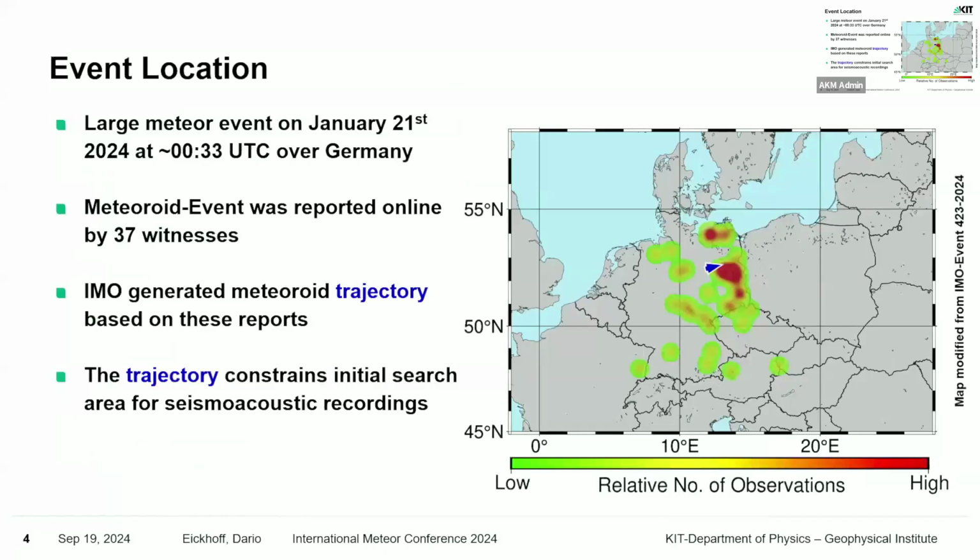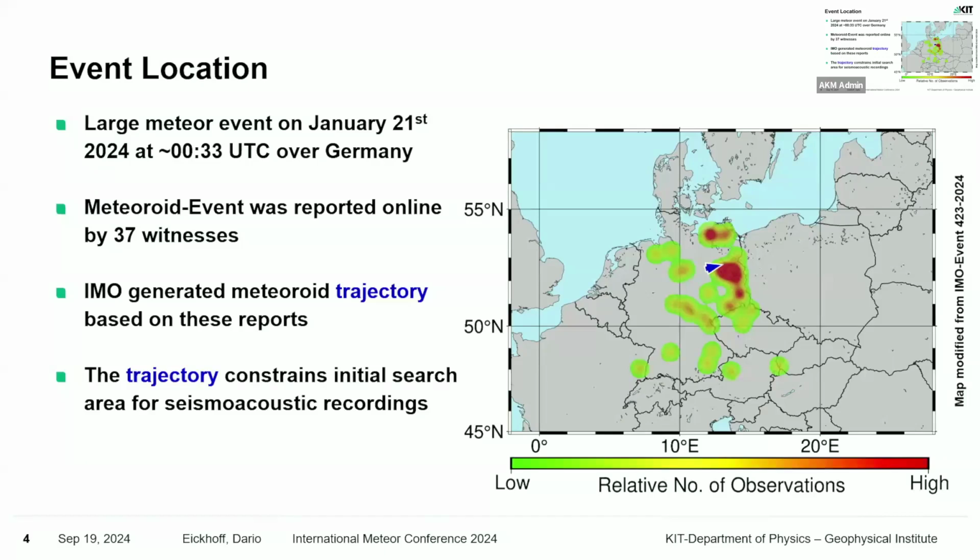So let's look at the event location. I know we already heard a lot about meteoroid BX1 tonight, but I want to touch upon this very briefly again. It was January 21st at midnight of this year, and over northeastern Germany there was this meteoroid event. Although it was seen by many, many eyewitnesses, only 37 reported these online.